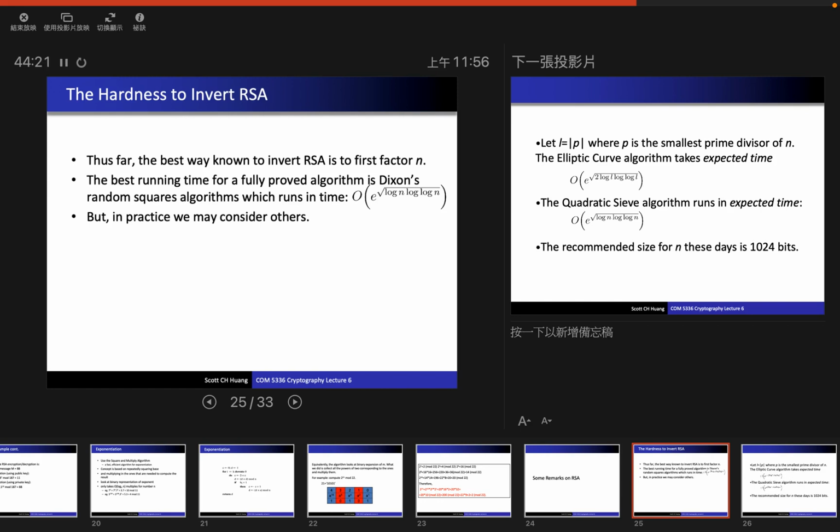Do such algorithms exist? We don't know. If anyone finds an algorithm that can factorize any number efficiently with a proven theoretical bound, then the whole RSA system will be useless. It's completely done. So in short, it's like that.